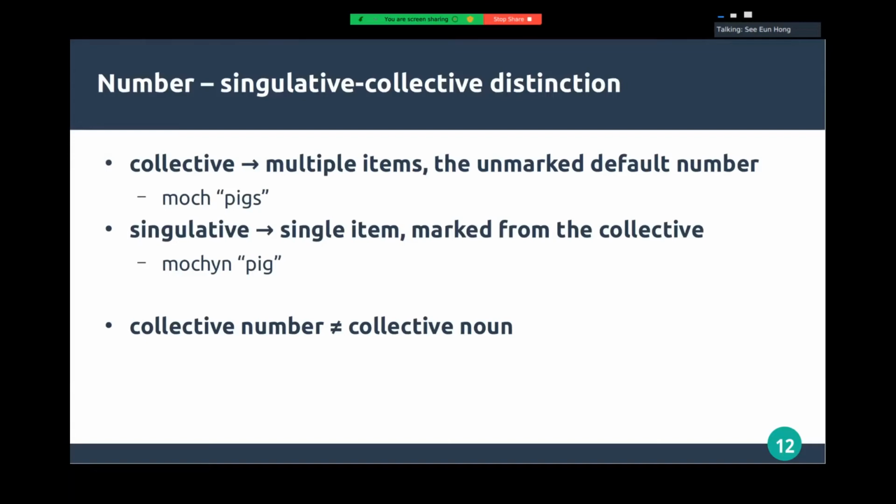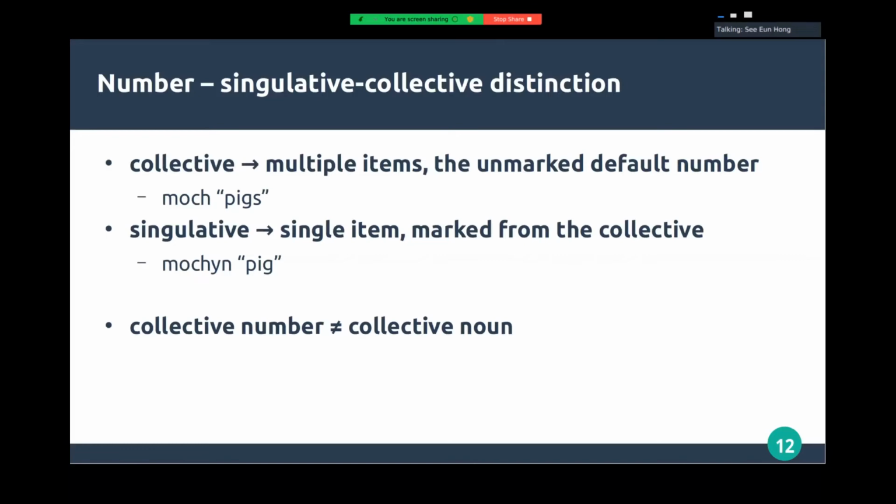So in Welsh, although Welsh has a singular-plural distinction, in words like moch, the default is pigs. So it tells us that there is more than one pig, multiple pigs. But if you add the singulative ending, mochyn, it becomes a pig, a single pig. So the single number is marked, whereas the multiple number is unmarked, opposite to the singular-plural distinction.